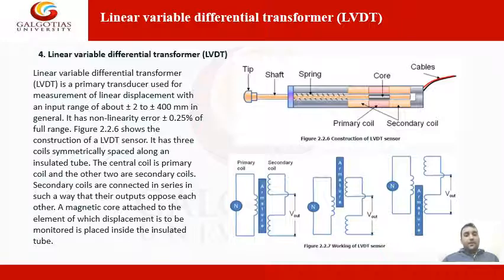The same principle is used in liquid flow sensors. The control coil is the primary coil and the other two are the secondary coils. The secondary coils are connected in series in such a way that their outputs oppose each other. A magnetic core is the element whose displacement moves inside the insulated tube. So this is the armature.